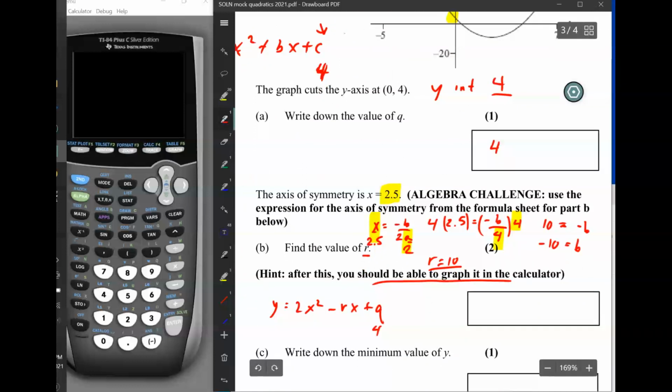Remember, r is 10. So negative rx would be negative 10x plus 4, and the first part would be 2x squared. There is our function. By the way, it asked us for r, what's the value of r? There's r equals 10. Okay, and then I just did this because it said, oh, now you should be able to graph in the calculator. I need the function to graph in the calculator. Here is the function that I'm going to put in the calculator.